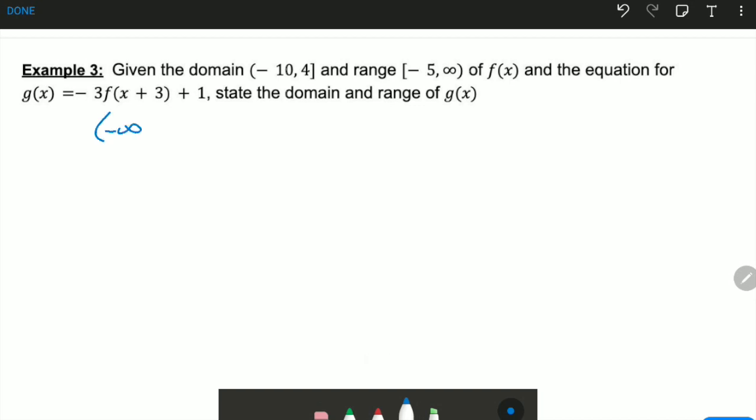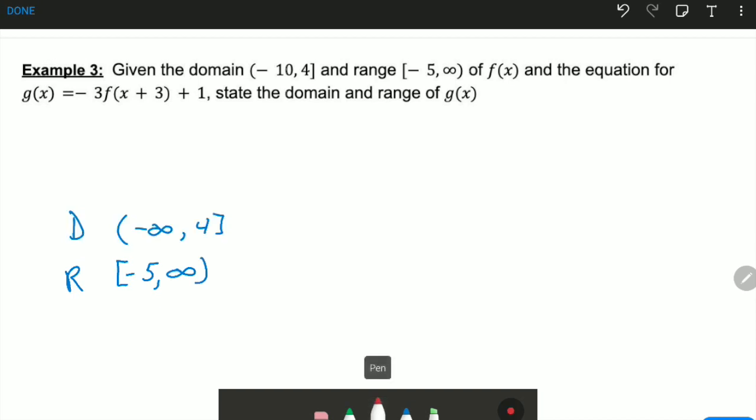So here is the original domain and range. I'm just going to jot it down. Okay. Now, since the point of this is to use transformations, we can apply transformations to the domain and range and get the domain and range of g of x.